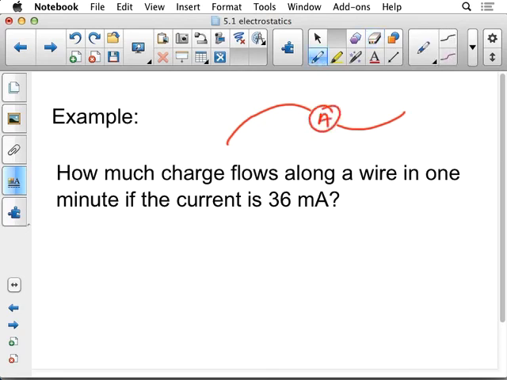This is the symbol for an ammeter, and the ammeter is telling us that we are getting 36 milliamps in this wire. Why? Well, maybe this is hooked to a battery. Here's the symbol for a battery. Starting to introduce some of these symbols to you, okay? I said battery. Of course, I should probably say cell, right? But I'll write the word battery anyway.